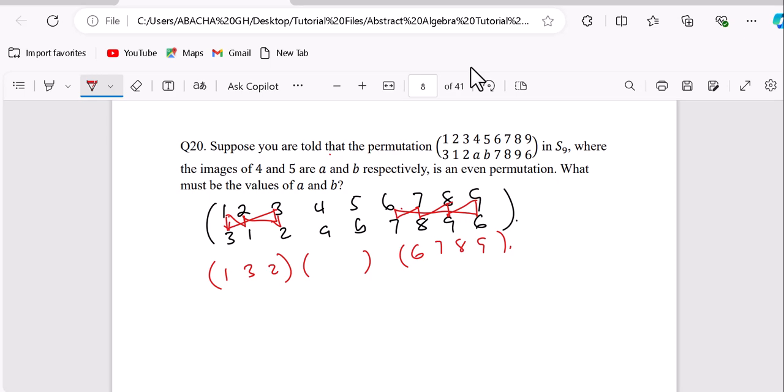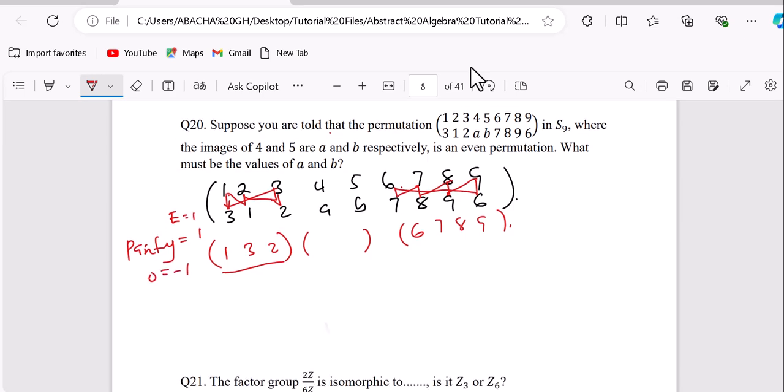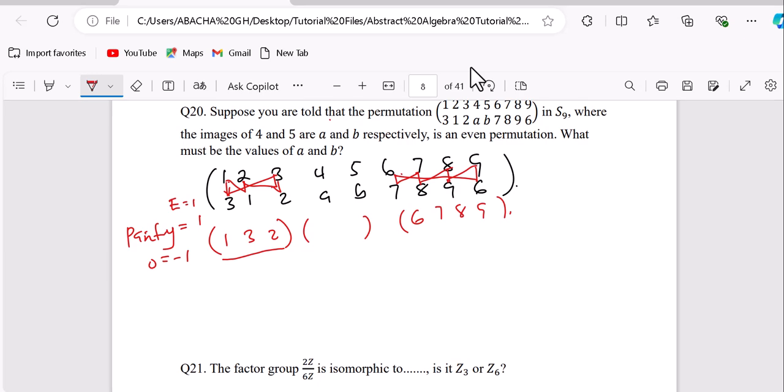When it's even, the parity is 1. If it's odd, the parity is -1. The cycles here are disjoint.